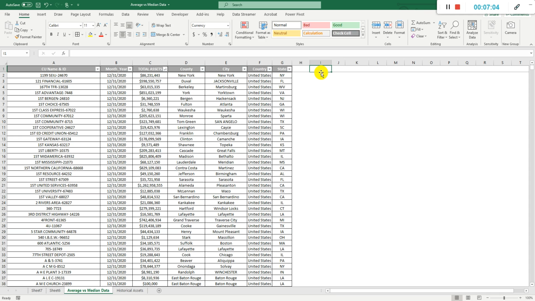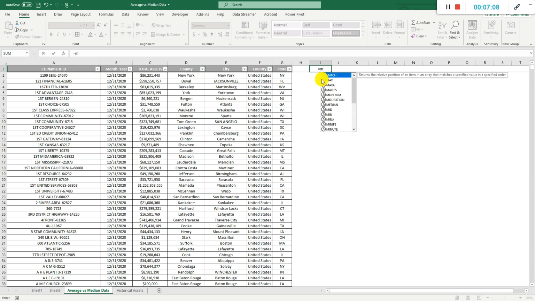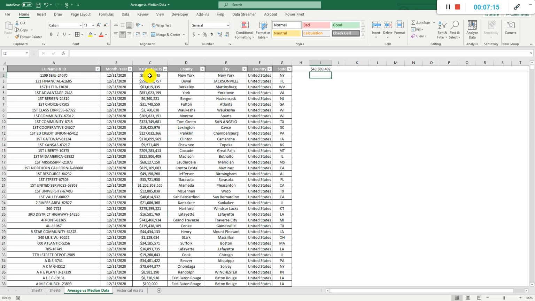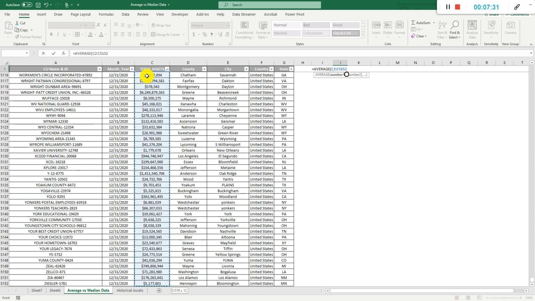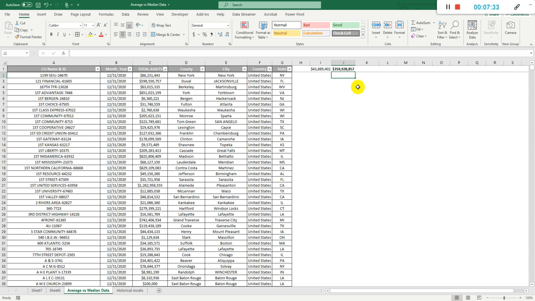So let's compute the median. The easiest way to compute the median is to just use the median function in Excel. It's almost 44 millions, and then the average has to be a big difference because of the outliers that we saw. 360 million, so it's a big difference.